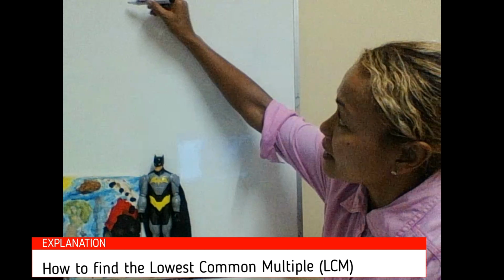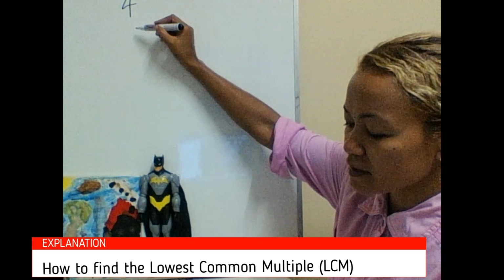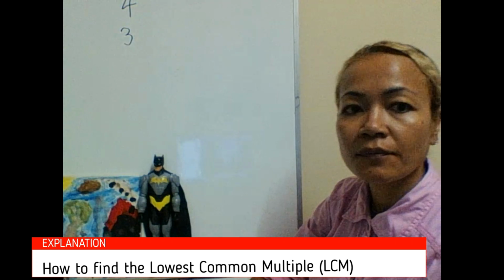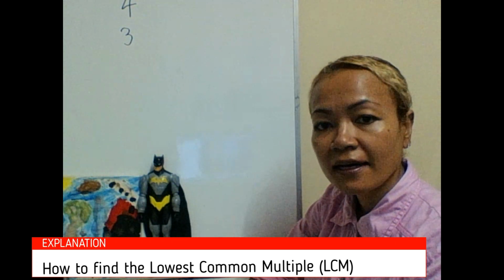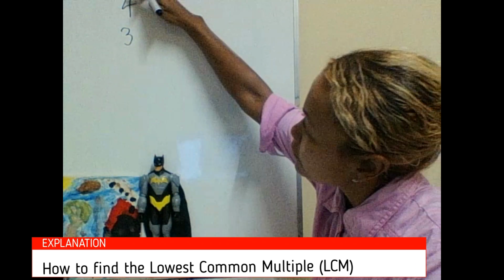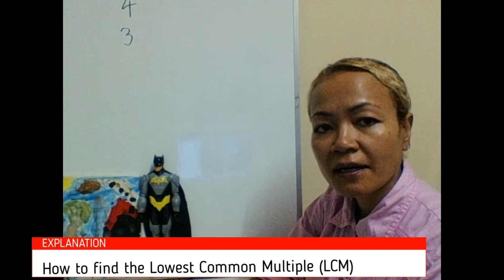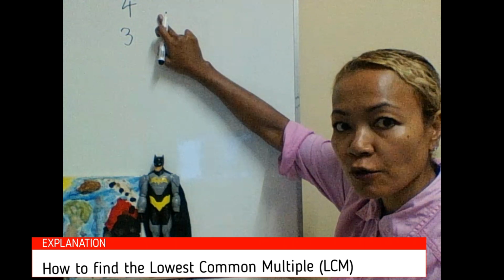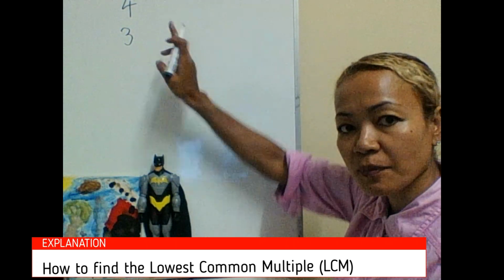So if someone asked you to find the lowest common multiple of 3 and 4, all they're asking you to do is find the multiples of 4, the first one that coincides with a multiple of 3.